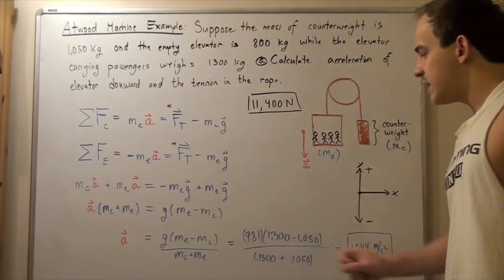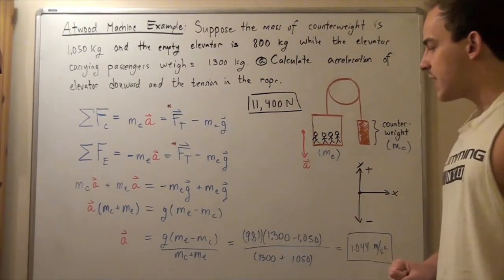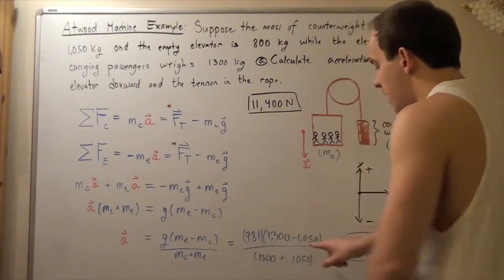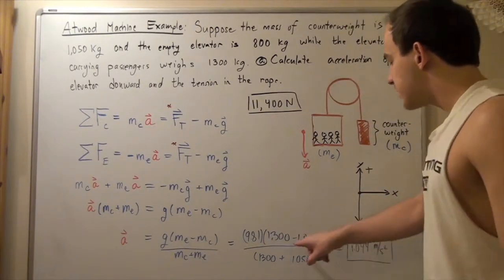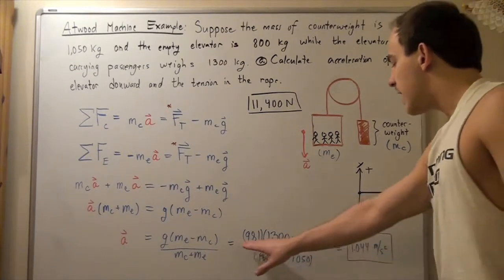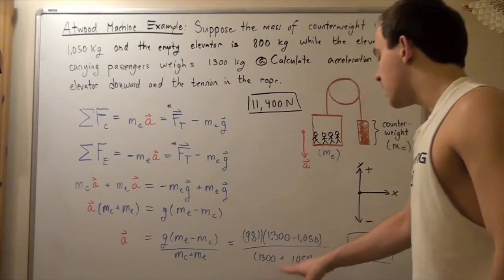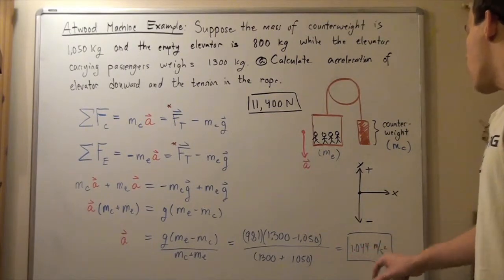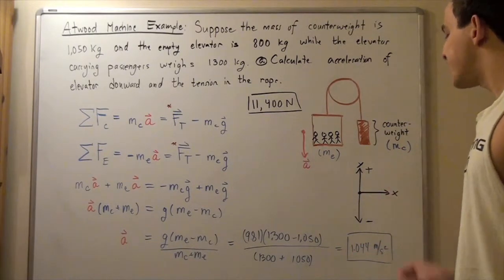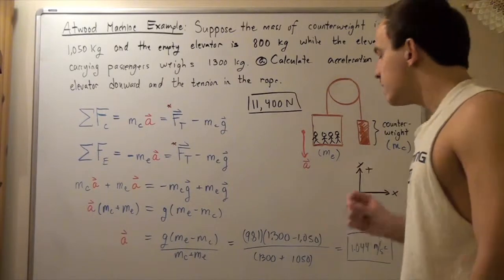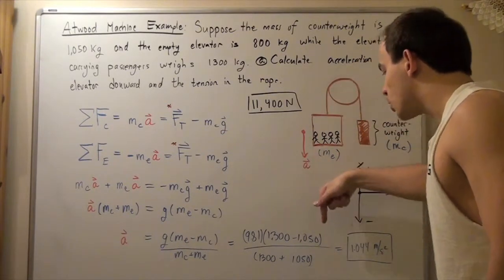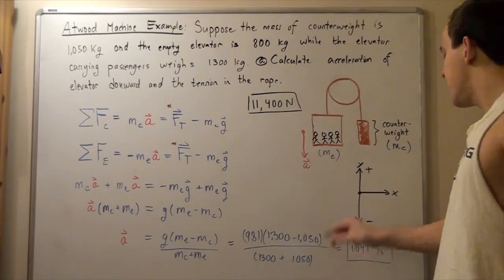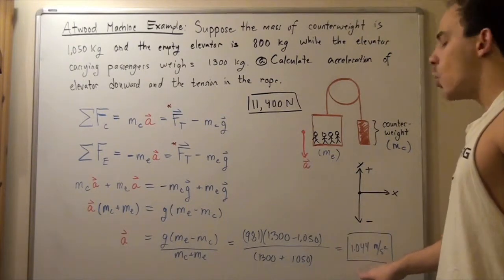Let's plug stuff in. 9.81 meters per second squared multiplied by 1300 kilograms minus 1050 kilograms, divided by 1300 kilograms plus 1050 kilograms, gives us 1.044 meters per second squared. So our elevator is accelerating downward, so our direction is negative, at a magnitude of 1.044 meters per second squared.